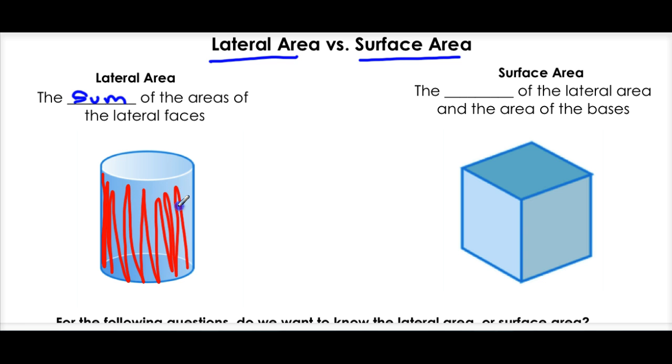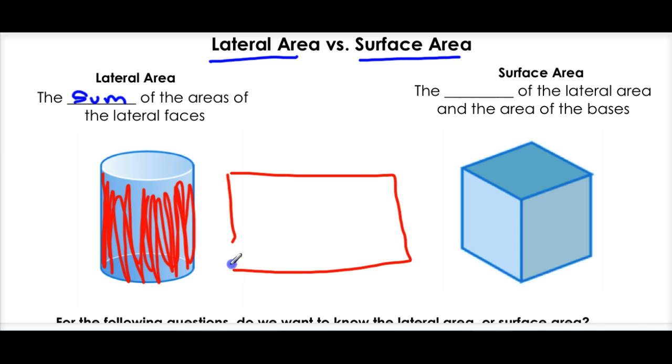If I were just to unroll this cylinder, it would look like a big rectangle, right? I would just be looking for the area of the sides. That's the lateral area. And lateral, if you were wondering, means side. So lateral area just means the area of the sides.